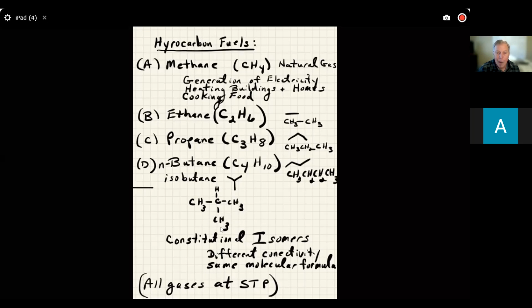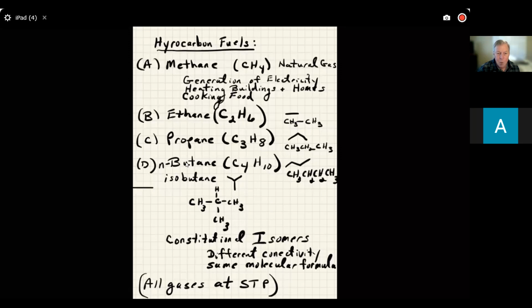So in the IUPAC nomenclature, this is 2-methylpropane. That's synonymous with isobutane. They mean exactly the same thing, and they have exactly the same chemical formula. But again, do not fret, do not get yourself into a tizzy. You don't have to name anything, so don't worry about that.